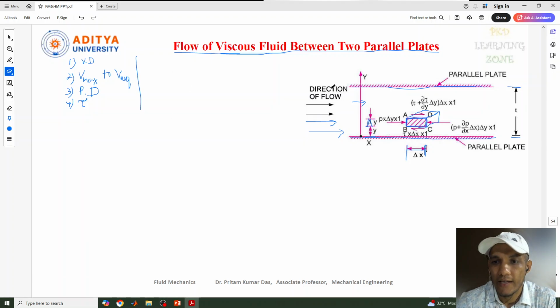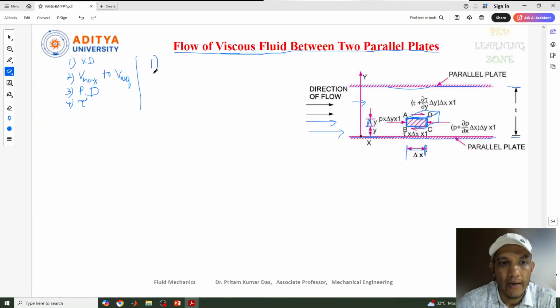As we know, there will be a pressure force acting on the face AB, and another pressure force acting on the face CD. Similarly, one more force acts on the face AD, and one more on BC. So all these faces have some forces acting on them.